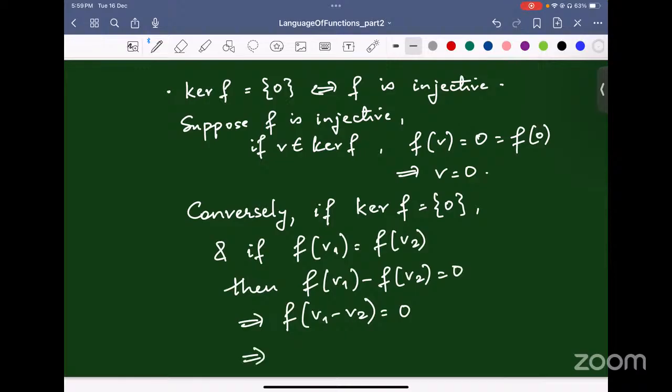This implies v1 minus v2 must be 0, since the only element that f can send to 0 is 0.